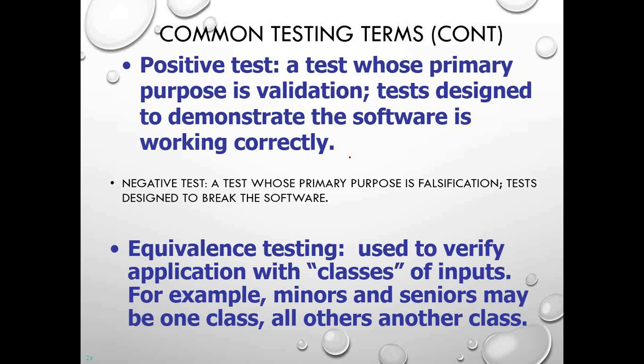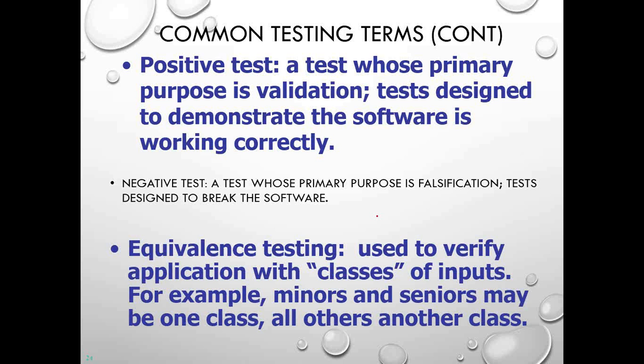That's how you are going to understand and explain what the positive test is and what the negative test is. The negative test is just the reverse. The primary purpose is falsification. A test designated to break the software. So think about it. The requirement was that the email address field should accept only the email address format. So there is @ and then there is .net or .com, whatever domain they are using.